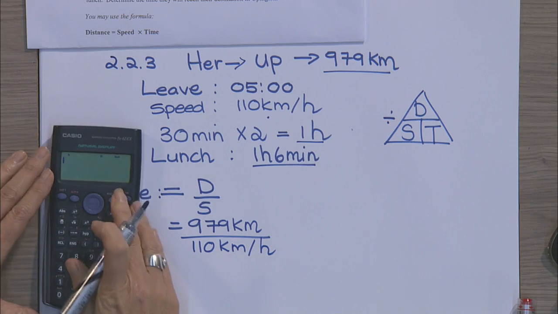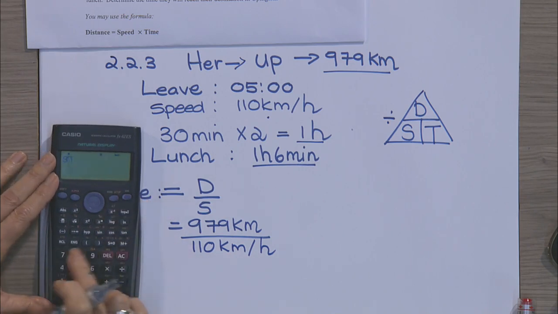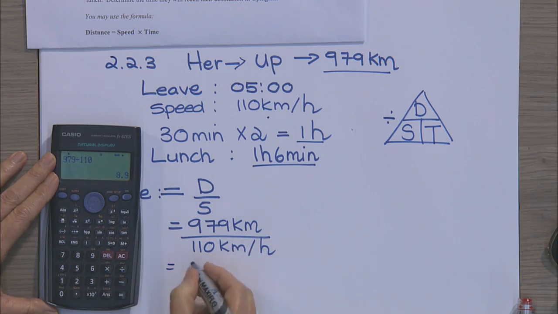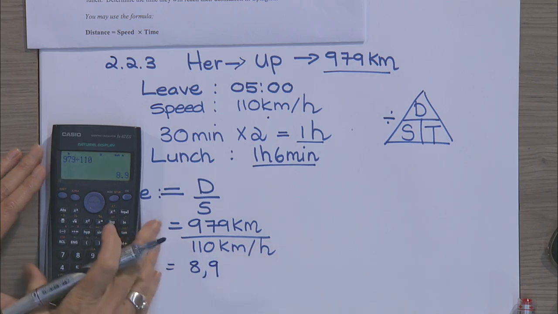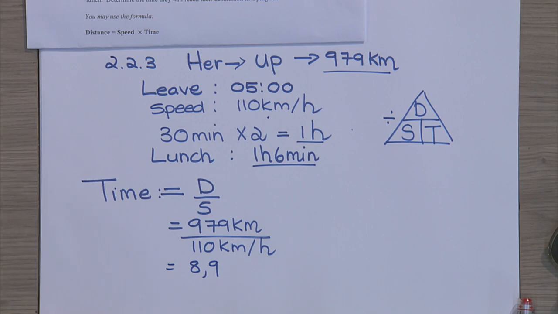If I take my calculator and I say 979 divided by 110, I get an answer of 8.9. I have kilometers and kilometers per hour, so this answer can only be 8.9 hours.